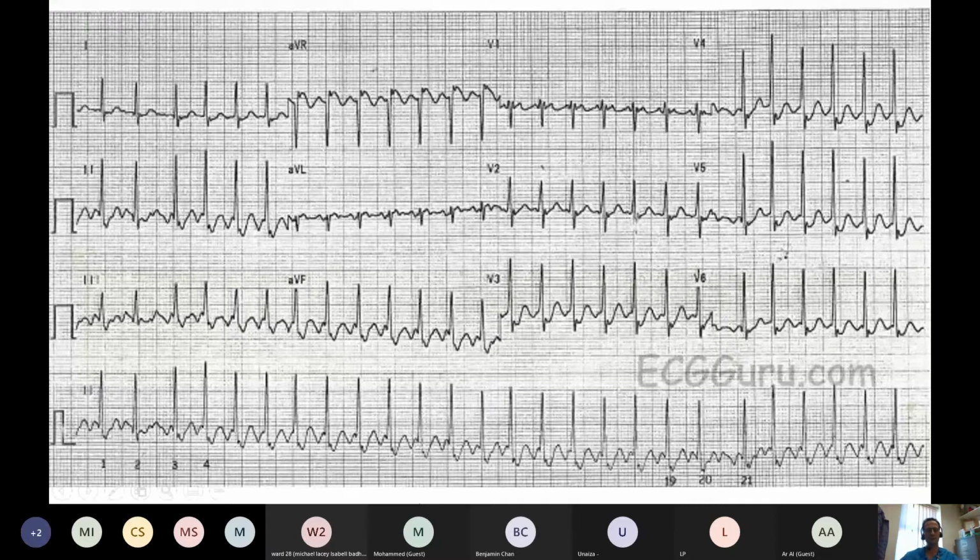Yeah, atrial flutter with 2-to-1 block. So can anybody see a flutter wave? What are we looking for when we say flutter wave? So we're looking for a sawtooth pattern in the baseline.